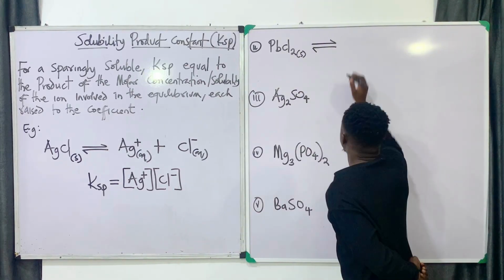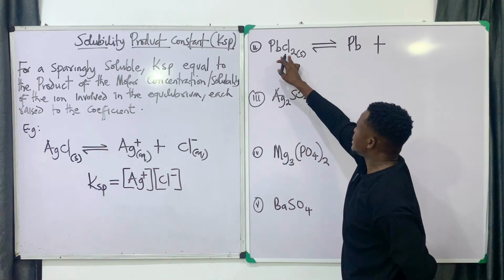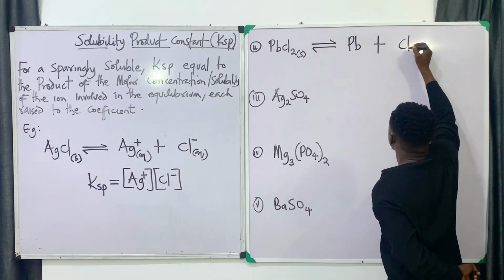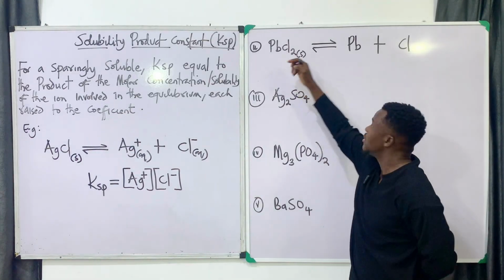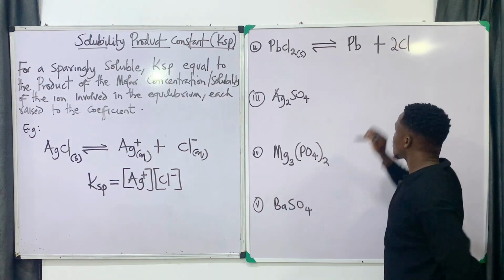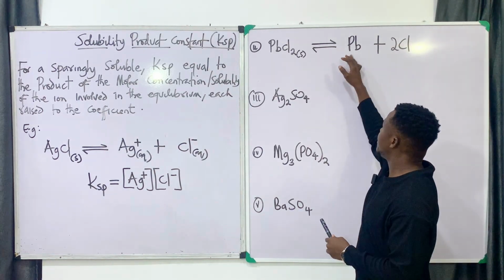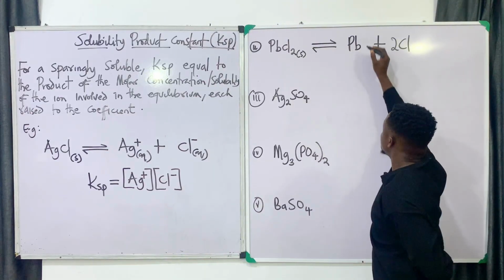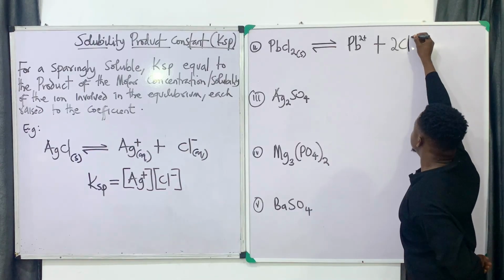So I'll write Pb plus everything else attached to it, Cl. Now ask yourself, how many of these Cl do we have here? It is 2. Class, take note: Pb has a charge of +2, and Cl has a charge of -1.